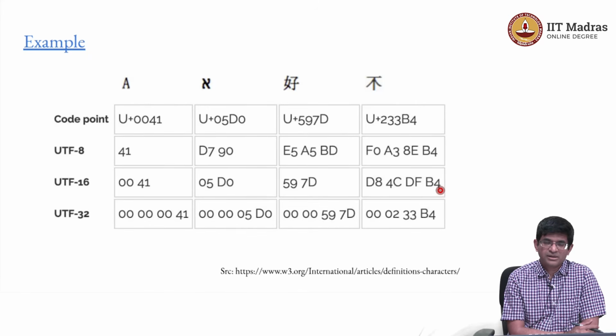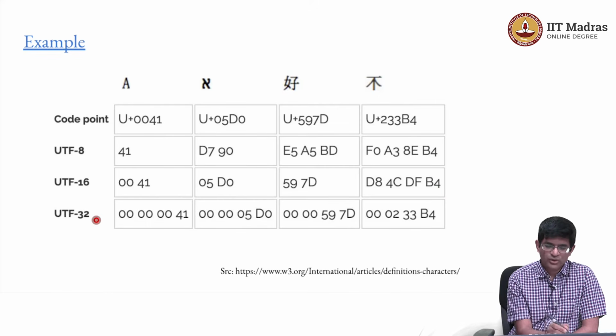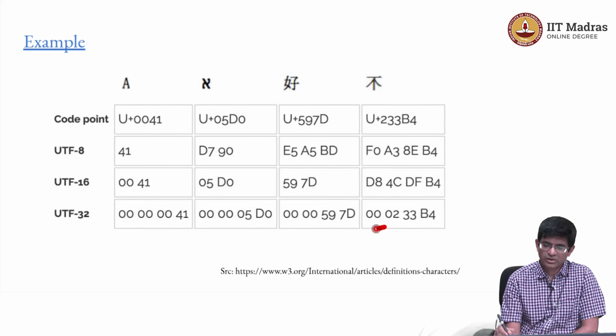The disadvantage is you now need to look at each character and interpret it based on what its most significant bit and other bits are. UTF-32 is easy to interpret. I just take 4 bytes at a time and figure out what it means, but it obviously occupies a lot more space.